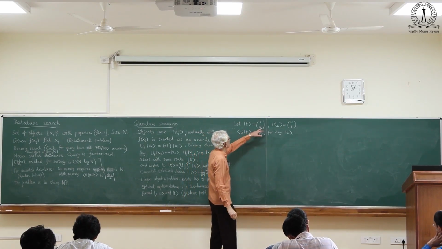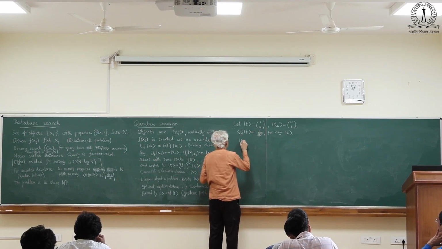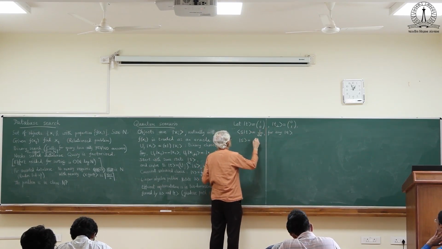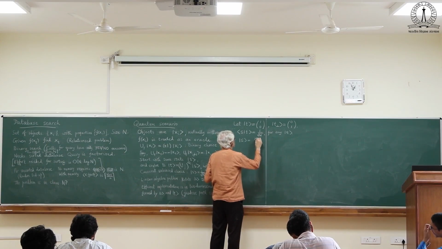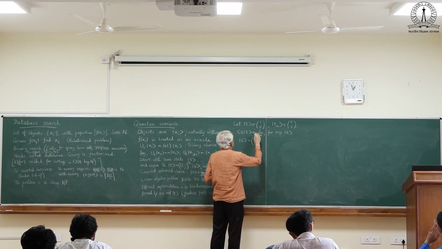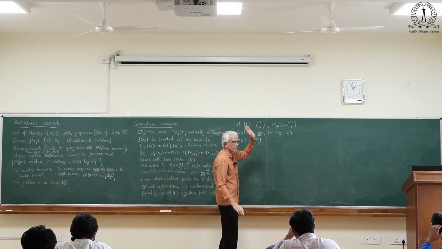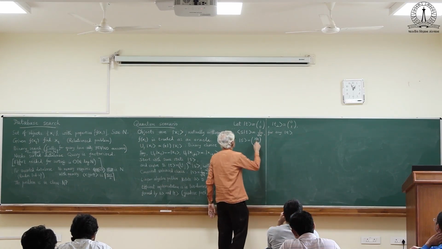So then I can very quickly write down what is the vector for S. So S will be 1 by root n, which is a component along this, and everything else is in the orthogonal direction, which will be normalized.